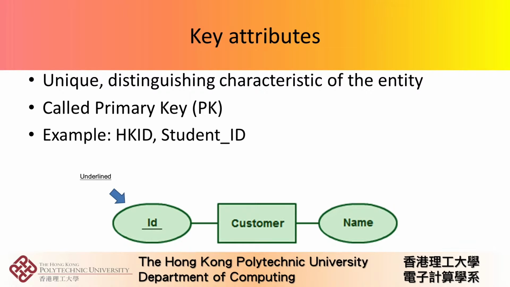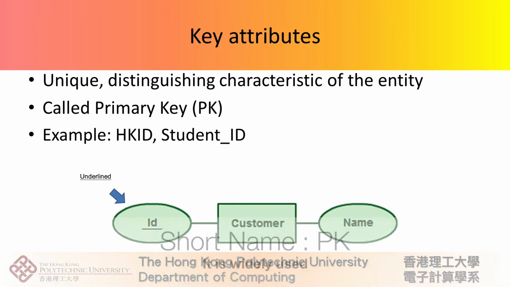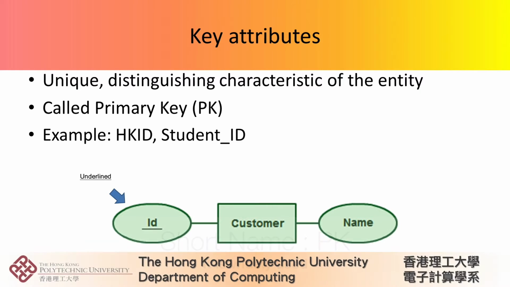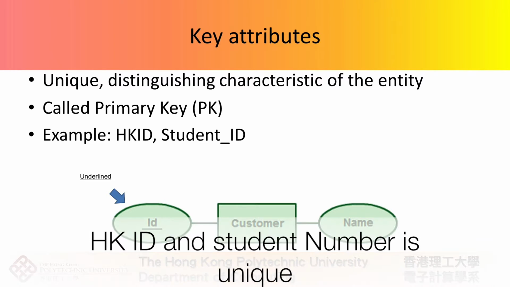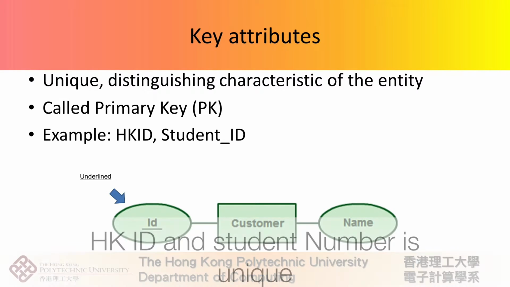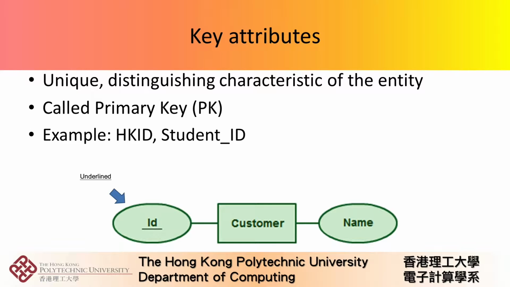A key attribute is the unique distinguishing characteristic of the entity, which is called the primary key. For example, Hong Kong ID and student ID can be the primary key of an entity. When drawn in an ER diagram, the key attributes should be marked with an underline.